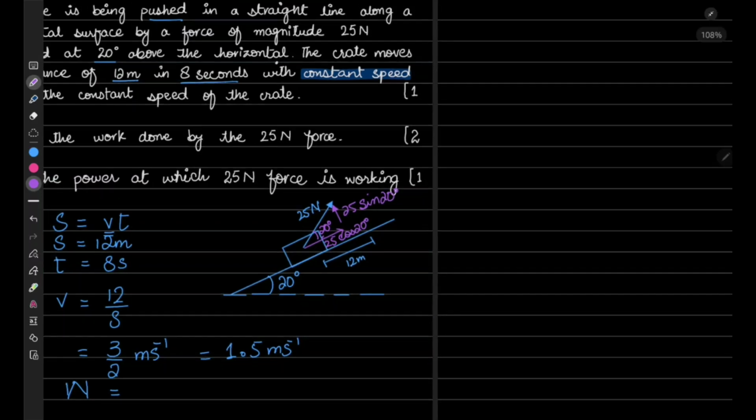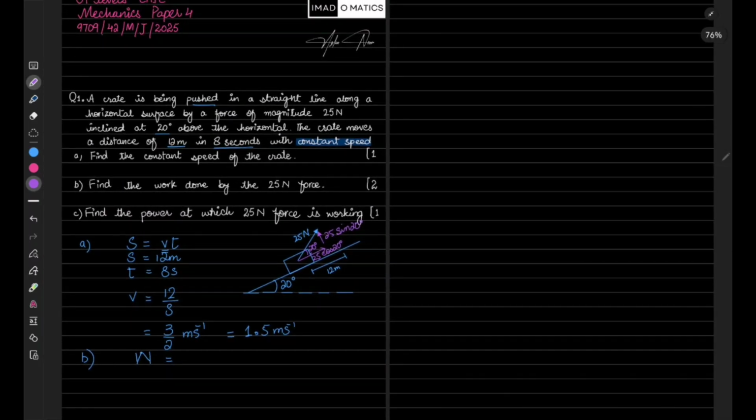So the force component along the direction of displacement is F cos theta, times D. F is 25 and cos of 20 degrees, times displacement 12 meters.